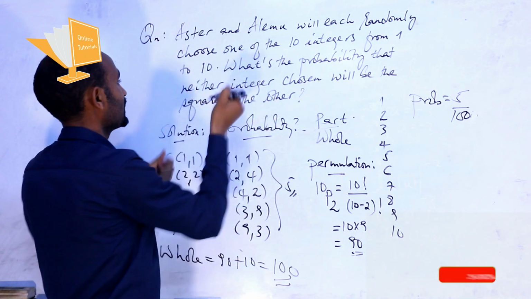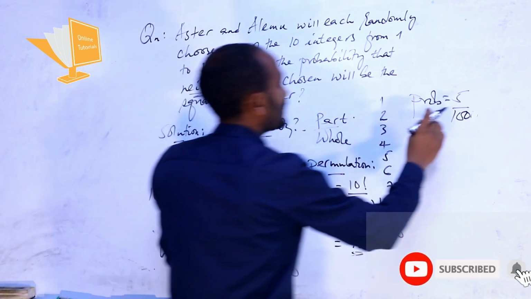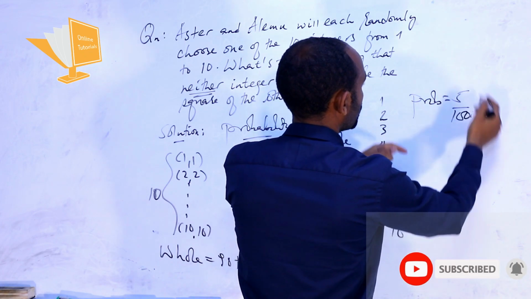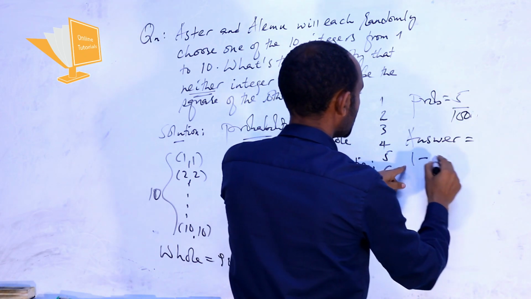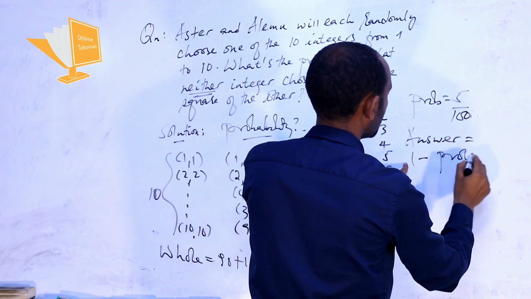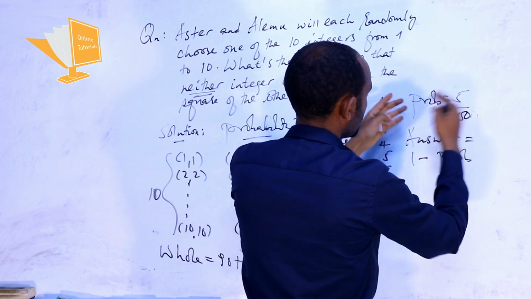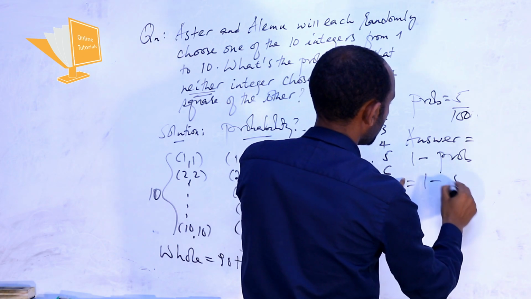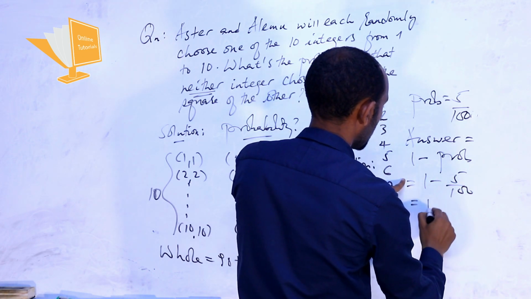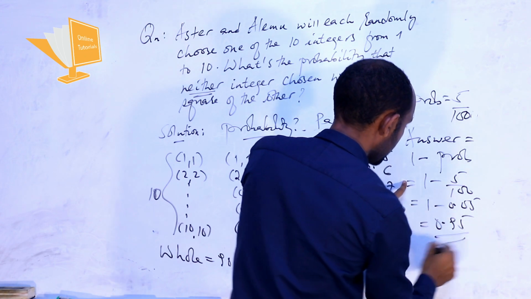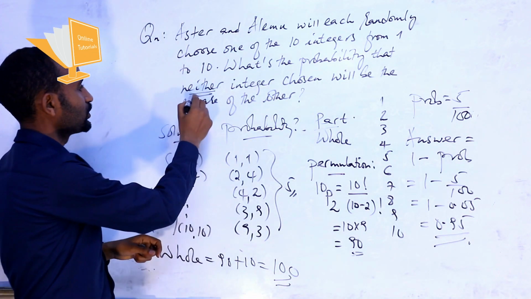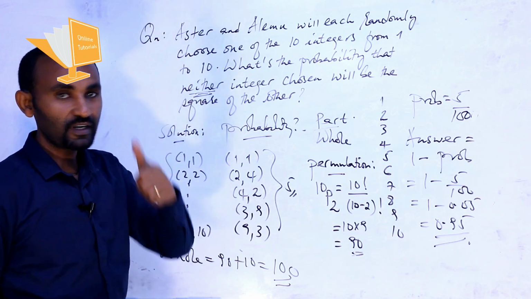It is neither. That means this probability is that one is the square of the other. So the answer is 1 minus this probability. So 1 minus 5 over 100, which is 1 minus 0.05, which is 0.95. This is the probability because it's the opposite, right? Neither. Fine.